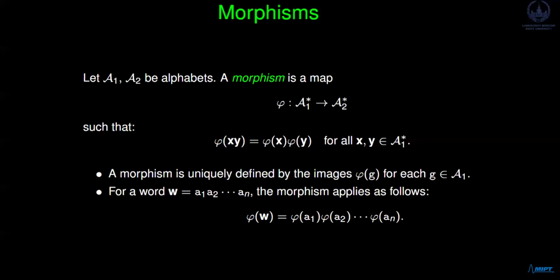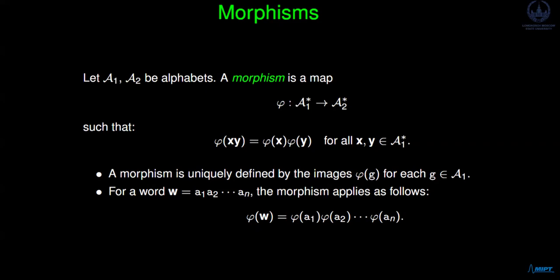Now let's talk about morphisms, which are important tools in the study of sequences and pattern avoidance. A morphism is a mapping between two alphabets, like A1 and A2, that satisfies certain conditions. Formally, it's a map phi from A1 star to A2 star, where the asterisk indicates that we are working with words of arbitrary length over those alphabets. The key property of a morphism is that it must preserve concatenation.